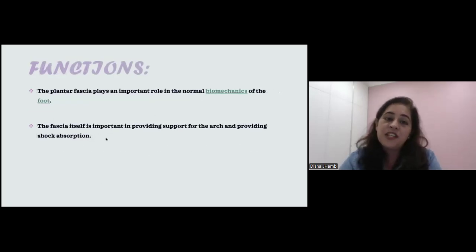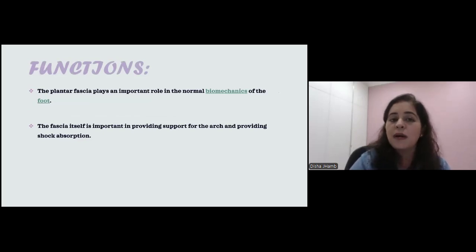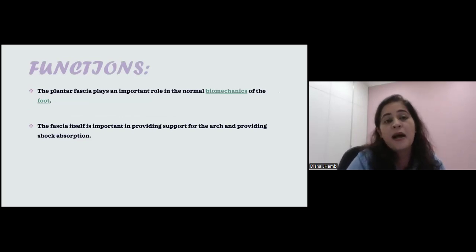Before we get into the depth of the problem, we need to understand the function of the plantar fascia. First, it supports the arch of the foot. We have a normal arch present in the foot, and that is supported by the plantar fascia. At the same time, it absorbs shock while walking and running, so it acts as a shock absorber. The plantar fascia also plays a very important role in the normal biomechanics of the foot.